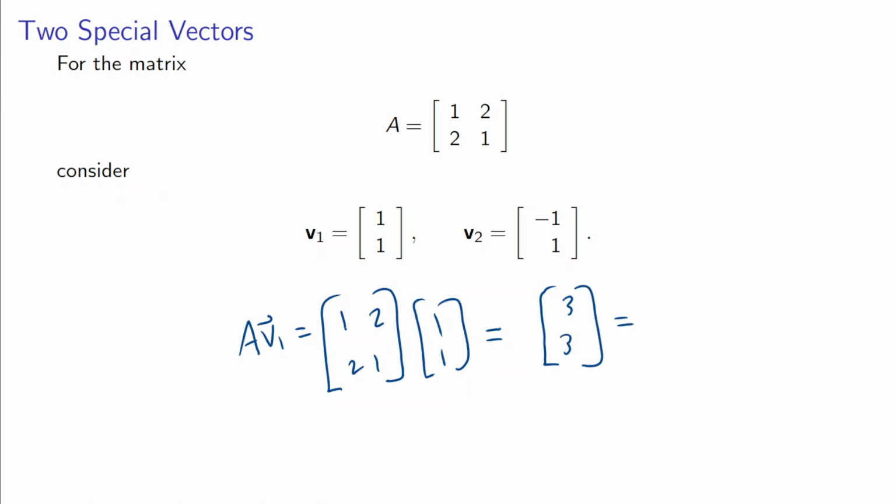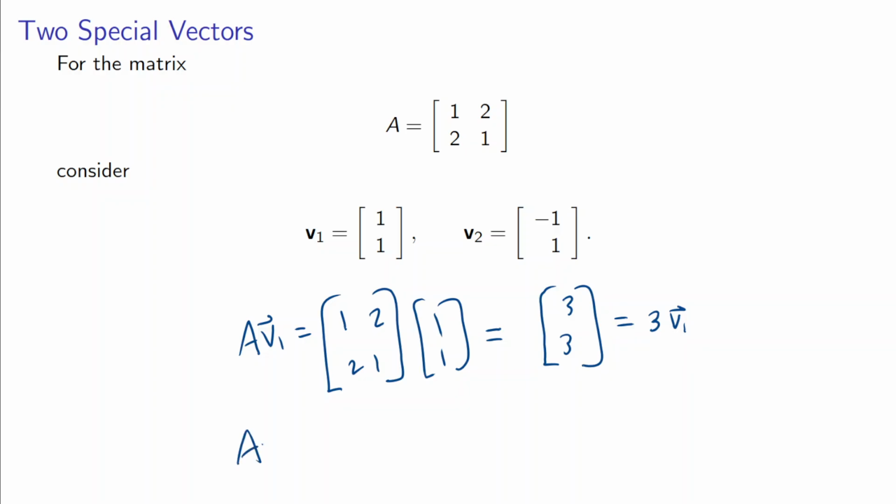And notice that this is exactly 3 times V1. So when we transform that vector 1, 1, we end up with a vector that scales it by 3 and moves in the exact same direction as it.